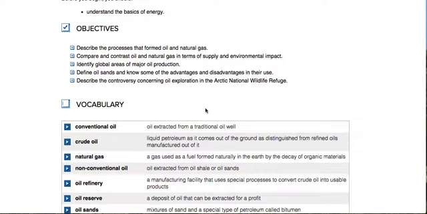But then there's other research that suggests that for every new barrel that we discover, and when I say we, I'm talking from a global perspective, we consume 3 to 4 barrels. So really, our use is high as compared to what is being put out.